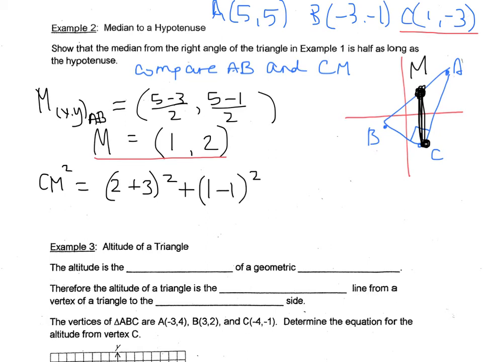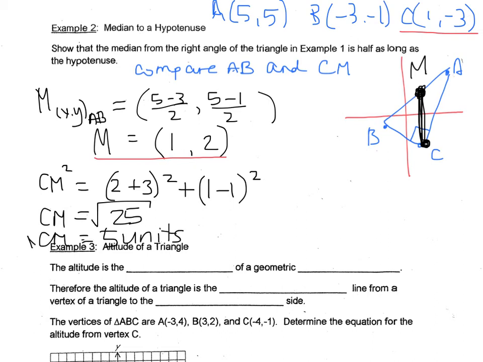Now they're both 1, so it'll be equal to 0, which is fine. And that's supposed to add to CM squared. 2 plus 3 is 5. 5 squared is 25. So the length of CM is the square root of 25, because 1 minus 1 is 0. So CM is 5 units long. That's the length of CM.